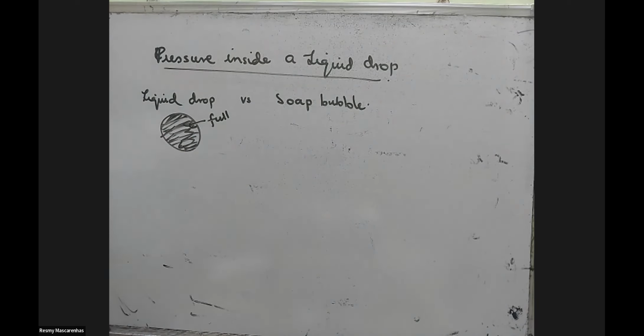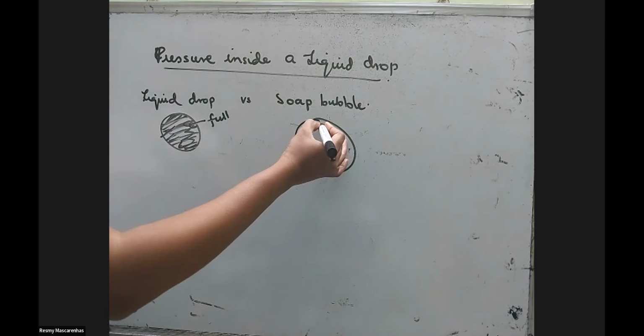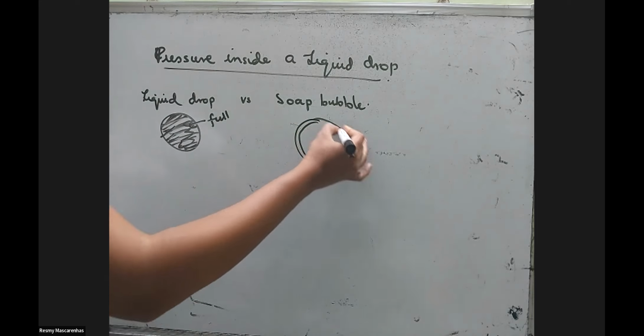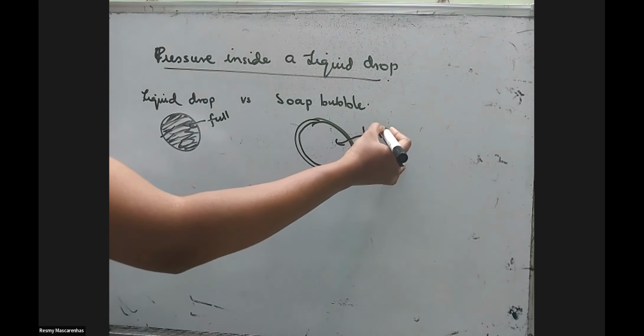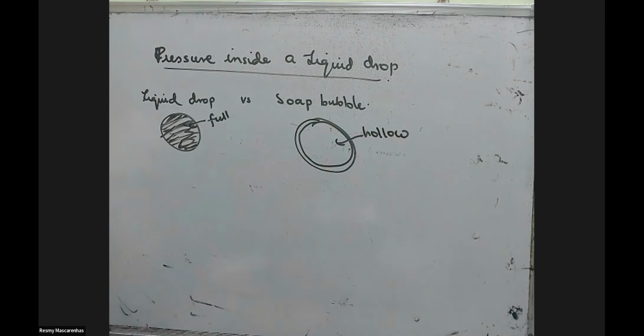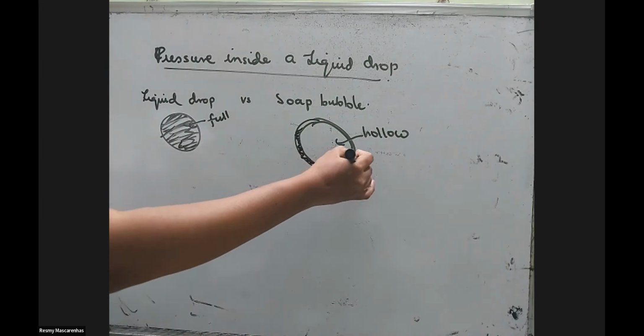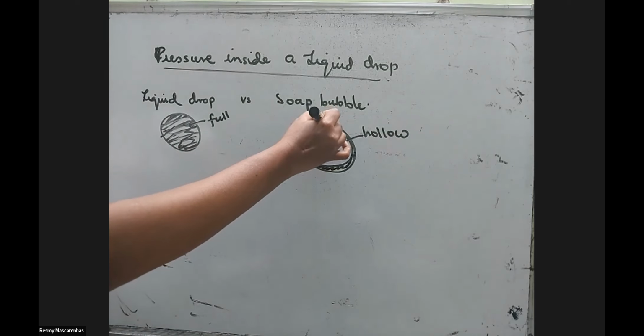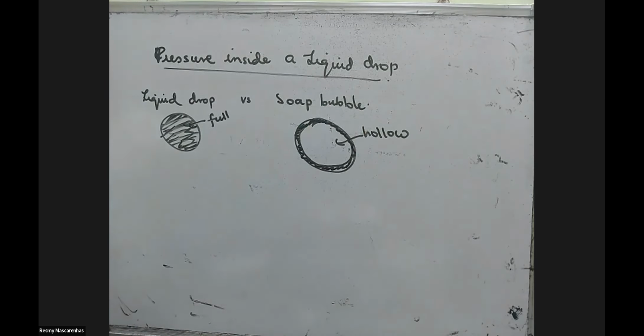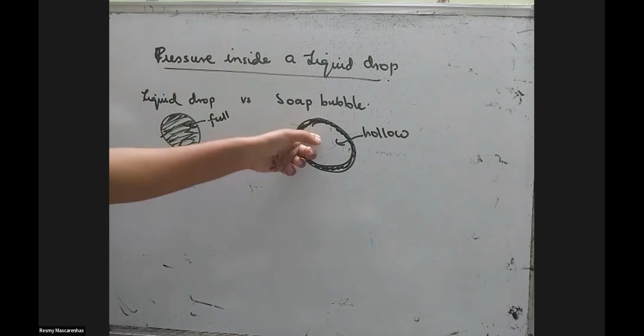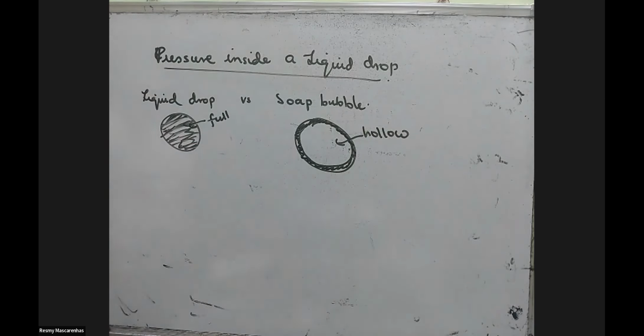But if you see a soap bubble, it is hollow inside. Only there will be an outer surface of some thickness. Based on that, we will derive. First is for a liquid drop, and then for the soap bubble.